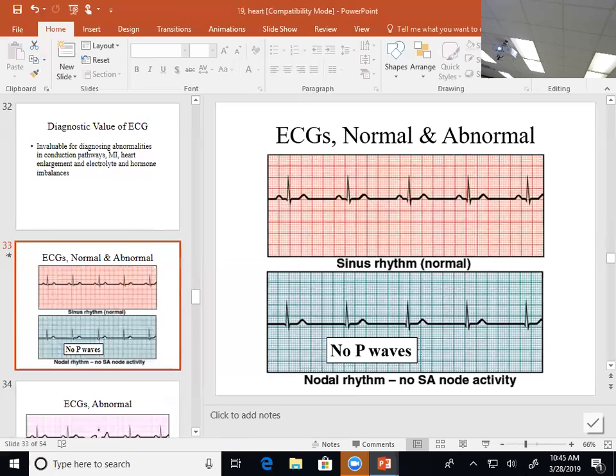Y'all have probably all heard of that. Fibrillation. So the atria are really not doing their job. People can live in this for quite a long time, depending on the severity of it, and certainly treatments can help with this, help the blood circulation. But obviously, you would look at this and think, okay, something's wrong with that.